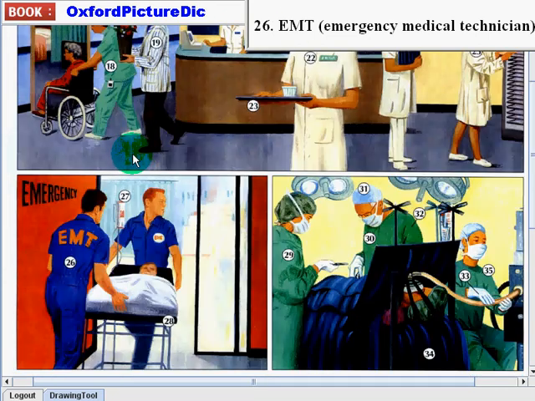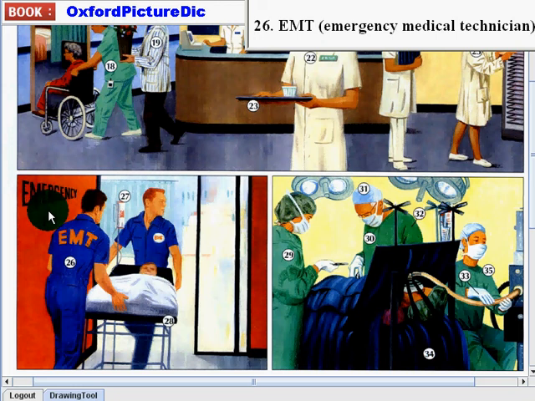After the nurse's station, let's now proceed to the emergency room. Have you ever been to an emergency room? Who helped you there?